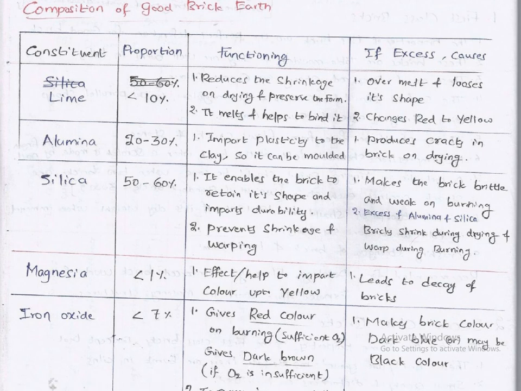Next, magnesia, less than 1% in brick, helps to impart color up to yellow. It leads to decay of brick. Iron oxide, less than 7%, gives red color on burning. With sufficient oxygen, and dark brown if oxygen is not sufficient. It improves impermeability and durability, and gives strength and hardness.